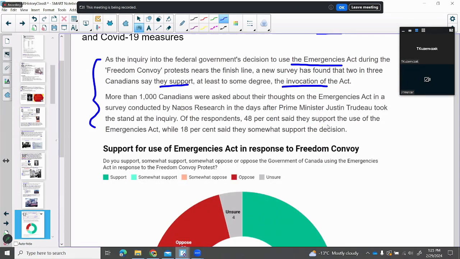More than 1,000 Canadians were asked about their thoughts on the Emergencies Act in a survey conducted by Nanos Research in the days after Prime Minister Justin Trudeau took the stand at the inquiry. Of the respondents, 48% said they supported the use of the Emergencies Act, and then 18% said they somewhat supported the decision.